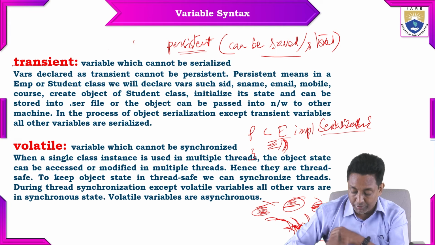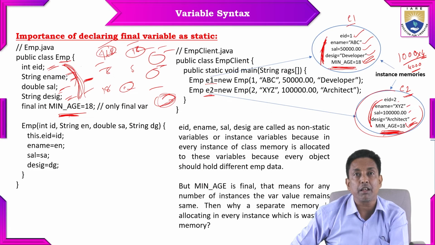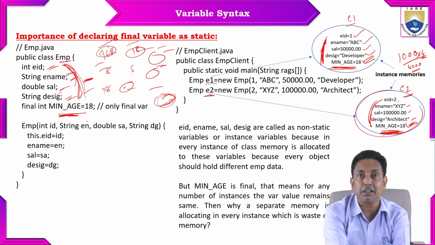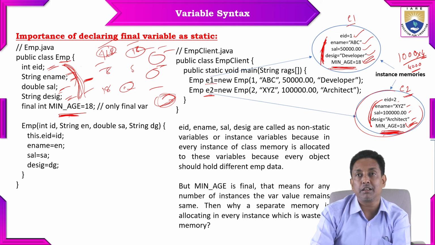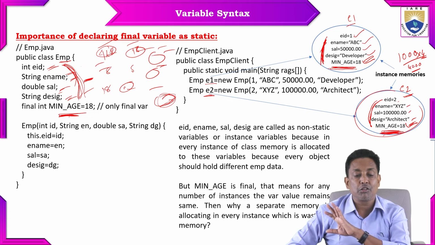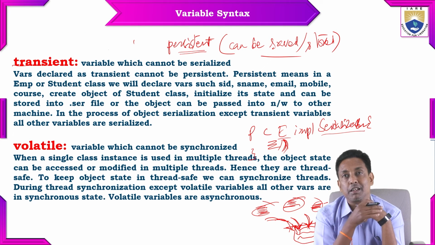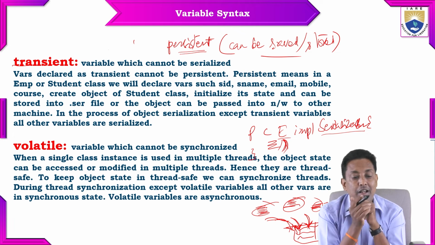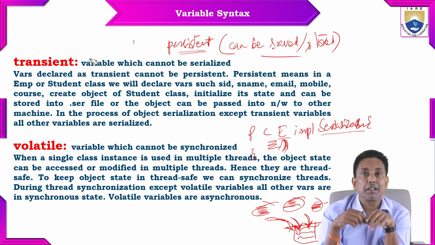In a class, if you declare any variable as transient, then during object serialization the entire object will be serialized into the serializable file except the transient variable. Transient means do not want to be persistent. That will be marked as transient. Transient, not persistent. That is about transient.